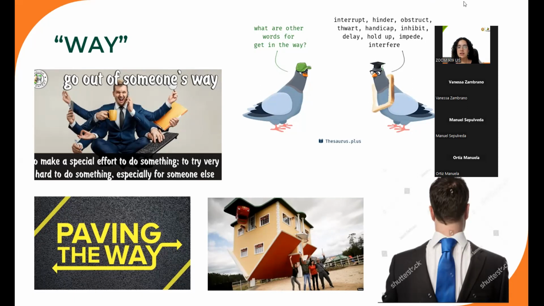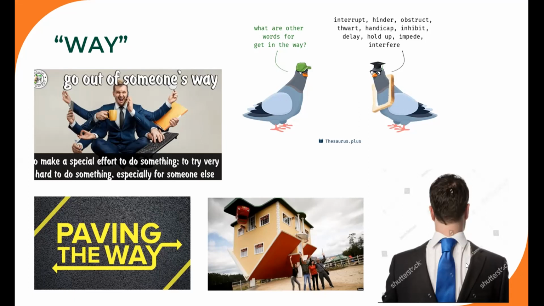And this one is the wrong way around. Okay, wrong way up is from top to bottom. Wrong way around is like we can say, around. So al revés, the wrong way around. Okay, wrong way up, wrong way around.